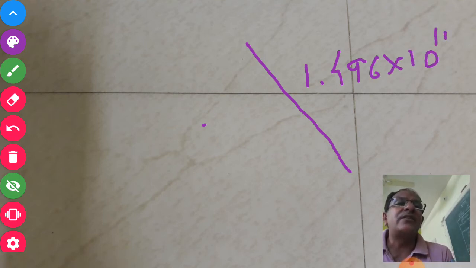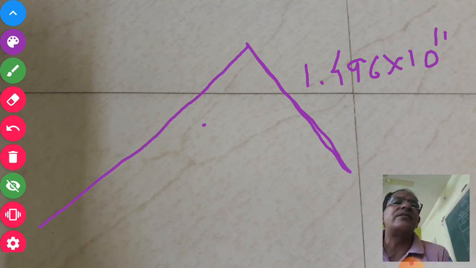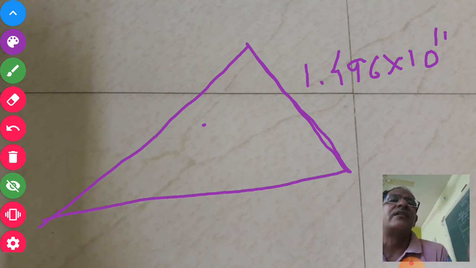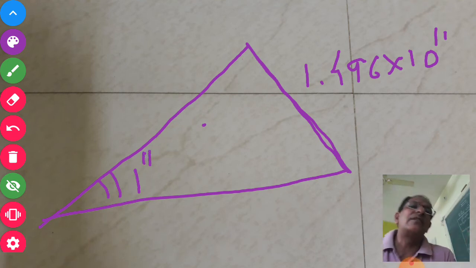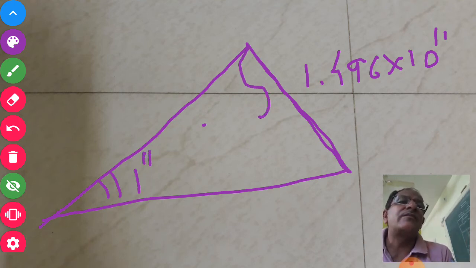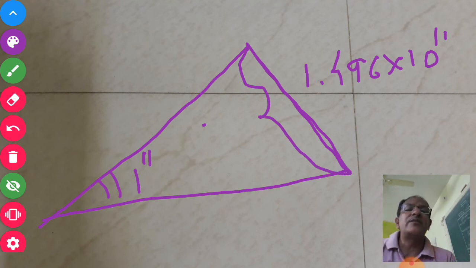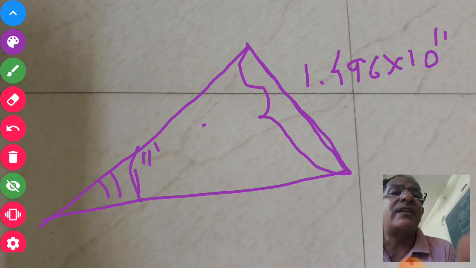Now, when this is viewed from a very large distance, where does it make an angle of 1 arc second? Try to understand. This distance of 1 astronomical unit subtends an angle of 1 second.